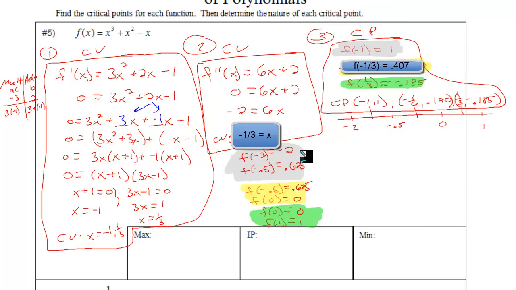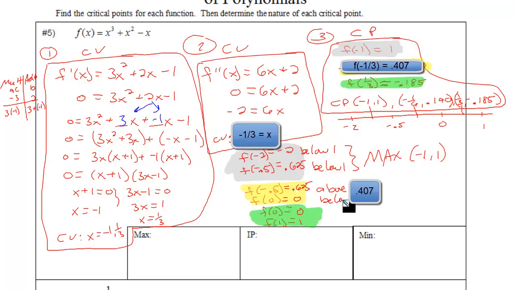Comparing this -2 to this 1, it's below. 0.625 is also below 1. Since those are both below, that makes this a maximum at -1, 1. 0.625, I'm comparing to 0.190. This is above. 0 is below.